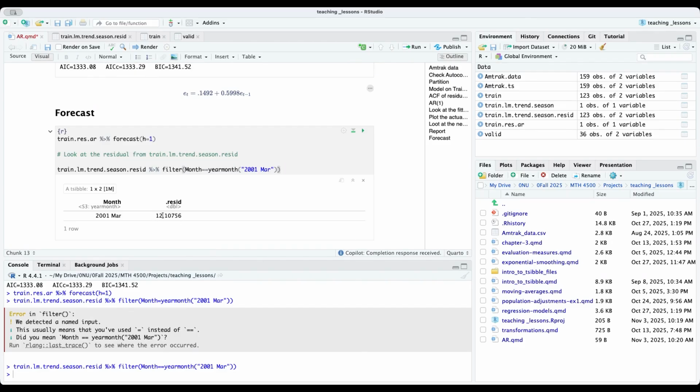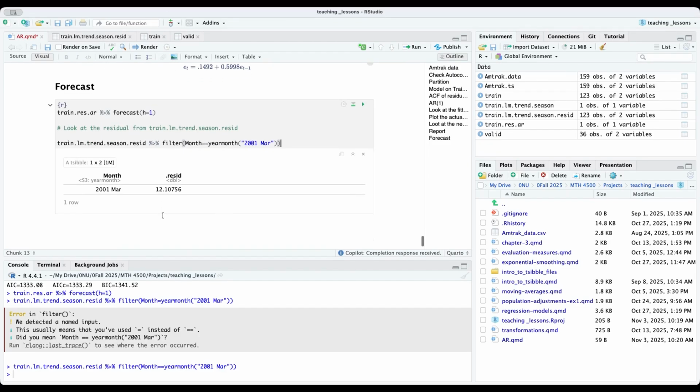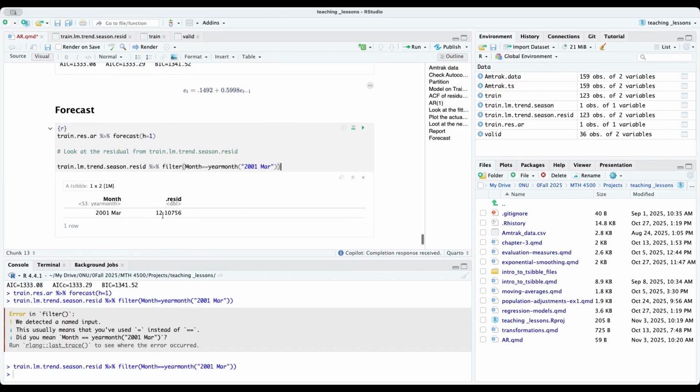Which is 2.1. Now, if I go to this equation, if I'm looking for the error of April 2001, it's going to be beta naught plus beta 1 times the error of March 2001.